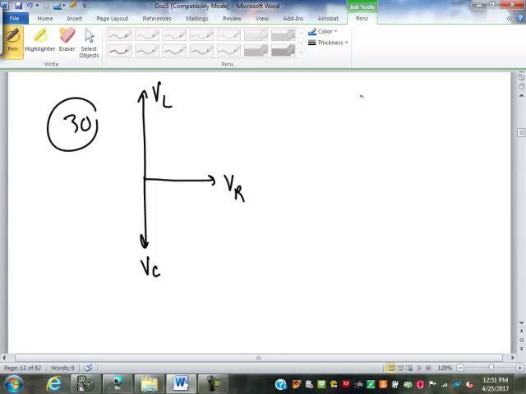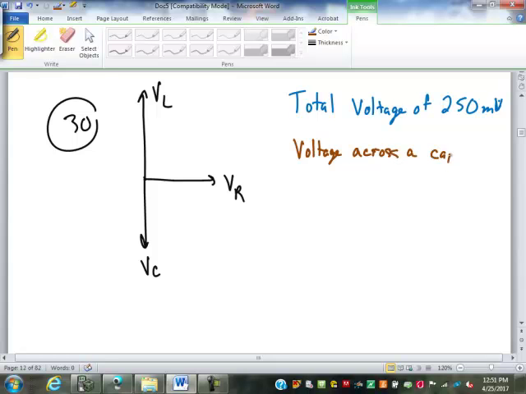I'm going to give you different numbers. So let's say we have a total voltage of 250 millivolts. I am told I have a voltage across a capacitor of 90 millivolts.